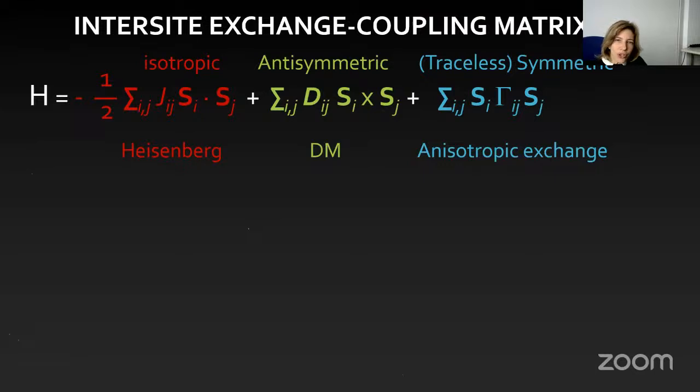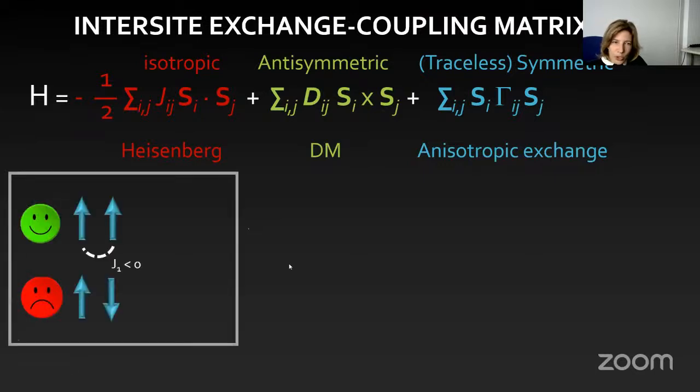And so these three terms, what do they do? The Heisenberg, of course, depending on the sign, tries to couple the spins with a parallel or antiparallel arrangement. But it's isotropic, so it's the same if the spins are like this, or like this, or like this.